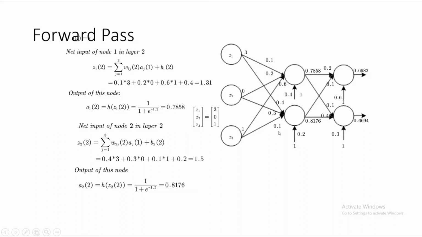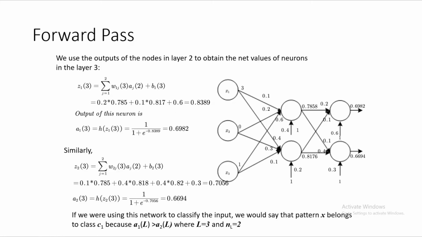Similarly, for node 2 in layer 2, we estimate the net input to the neuron and the activation value, which is 0.817. Then in the output nodes, or layer 3, we estimate the output.